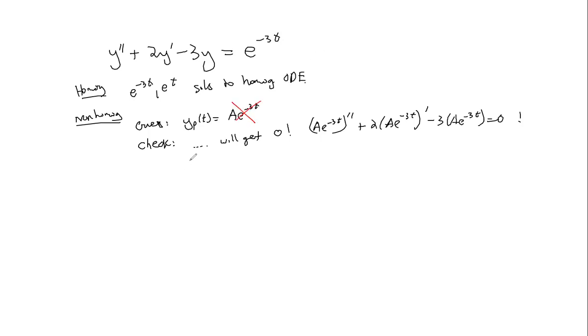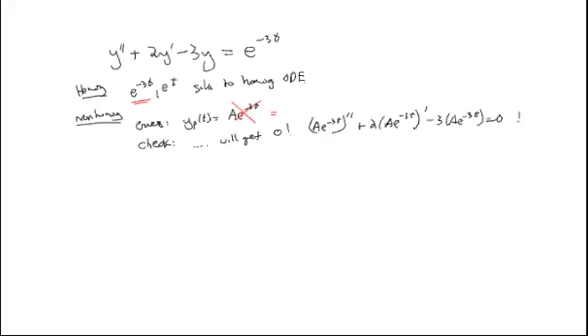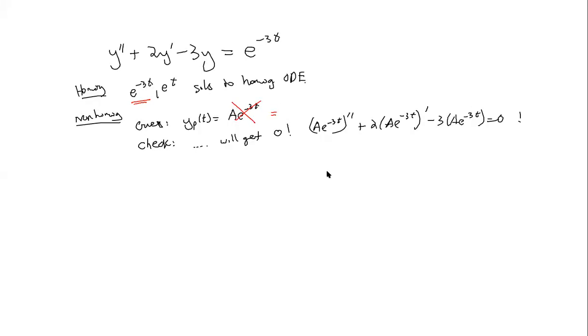Right, we shouldn't guess a e to the negative 3t because that happens to be a solution to the homogeneous case. So we change our guess. And this is all in this table, right? It says how to change your guess. You should change it by just adding an extra power of t. Somehow that makes everything work. So a t e to the negative 3t.